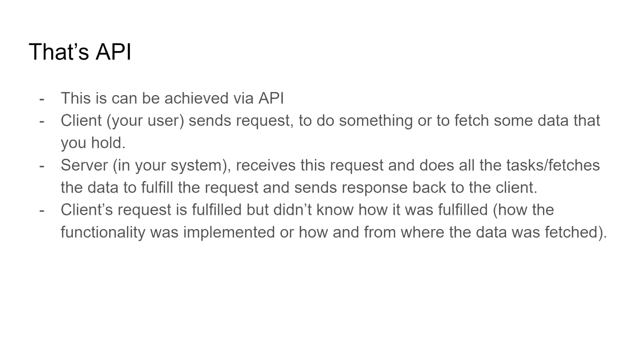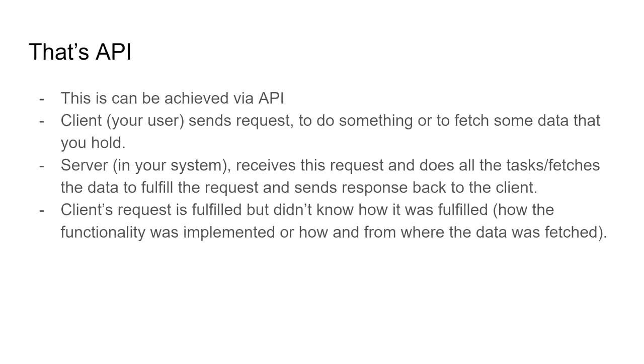Now think of this entire API concept that we learned in software terms, and have an analogy with a waiter, with the example of eating a dish in a restaurant, right? So you are the client, the cook is your server who knows how to make a dish, and the waiter is the API. You are making a request to the cook, sending that request via the waiter to cook a delicious meal.